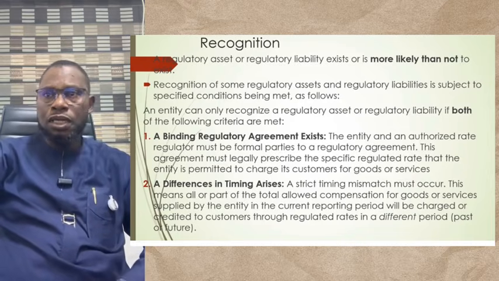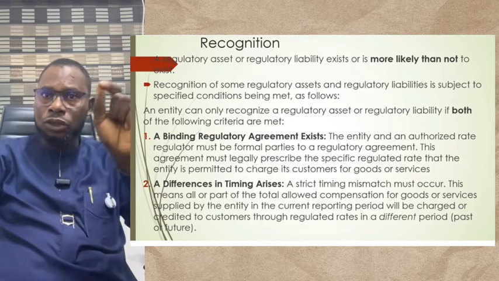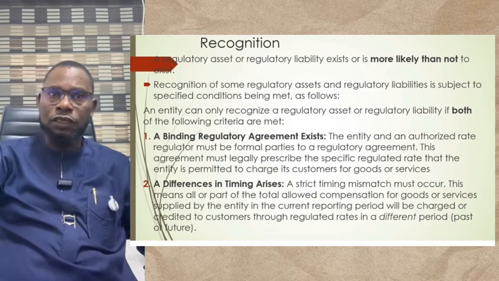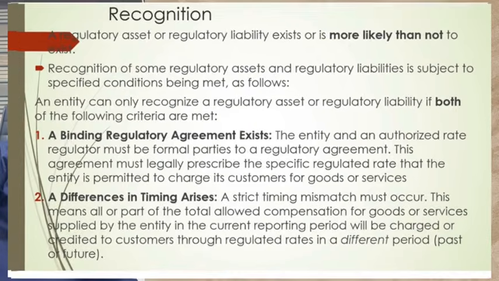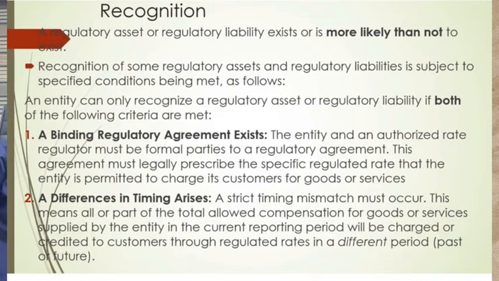So that entity is permitted to charge its customers for goods and services. So I said this agreement must legally prescribe the specific regulated rate that the entity is permitted to charge its customers for goods or services. So that is condition number 1 in the recognition of some regulatory assets or regulatory liabilities.